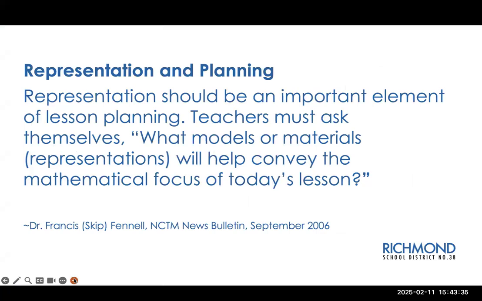In our representation session from last week or the week before, we talked about the importance of representation and planning. So I mentioned this earlier. When we're planning a unit of study, we need to think about what models and representations are going to be effective for our students. And I was just working in a grade 4 and 5 class this morning, and we were thinking about fractions.